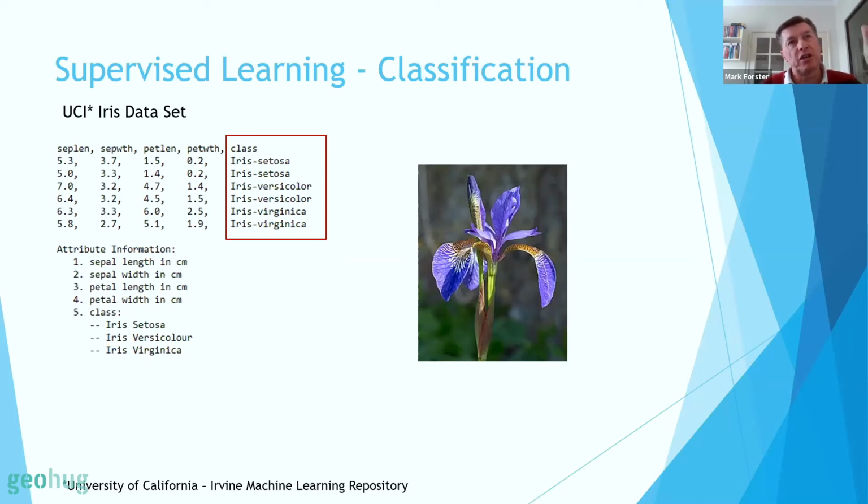I'm no botanist, but you could have a subclass of plant or a species that you could also include. But then you'd have to manipulate your data to represent those different categories of plant as numeric values, because all of these machine learning algorithms only work on numbers at the end of the day.